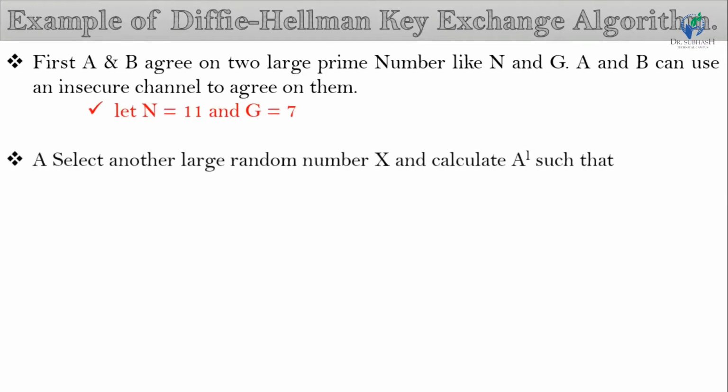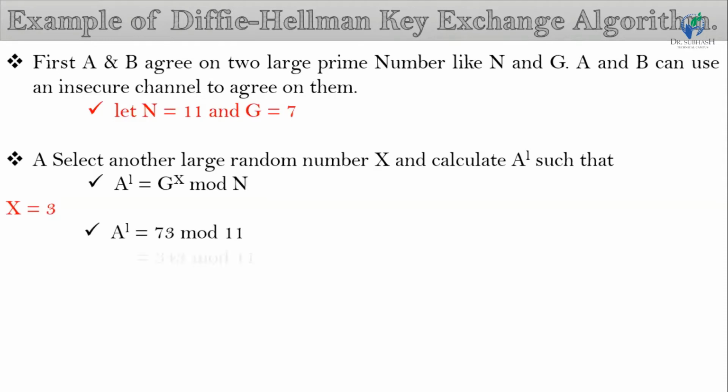A selects another large random number x and calculates A dash such that A dash is equal to g raised to x mod n. We select x equal to 3 and put this value in our equation. So A dash is equal to 7 raised to 3 mod 11.